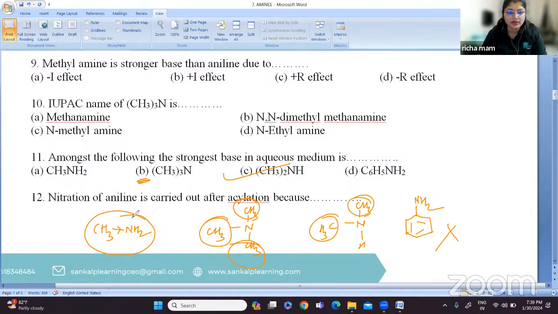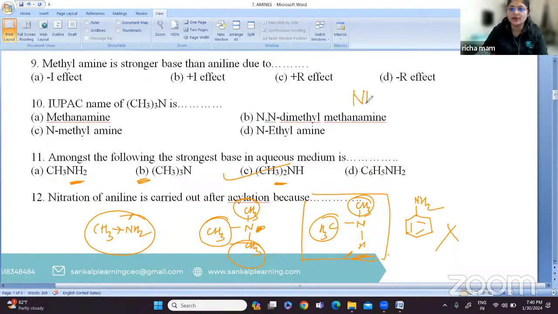Now we are left with only the first option and the C option. What happens here is the combined effect of the alkyl group, that is the plus I effect, and the steric effect. Because of this, the secondary amine will be the strongest.